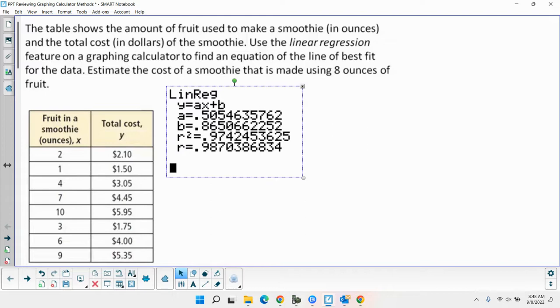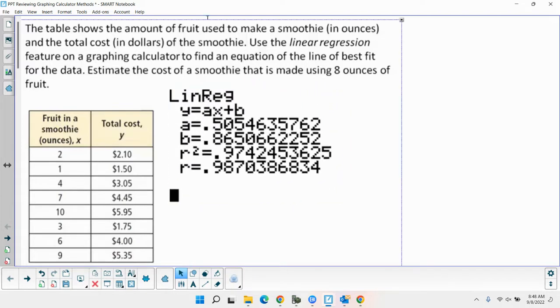All right, so that's the screen I want to get my equation. Again, there's my equation, y equals ax plus b. We're used to mx plus b. In the calculator, a in this type of problem is our slope.